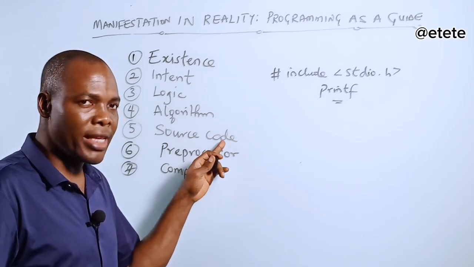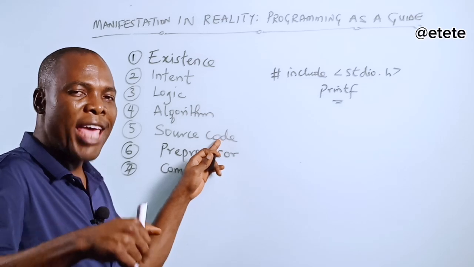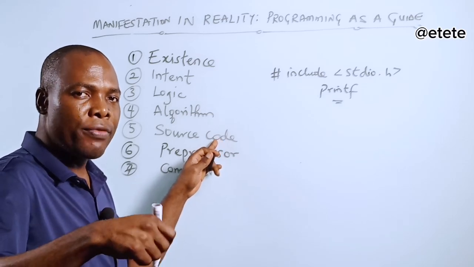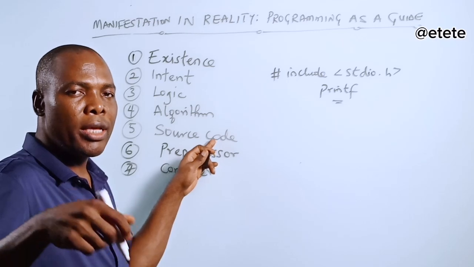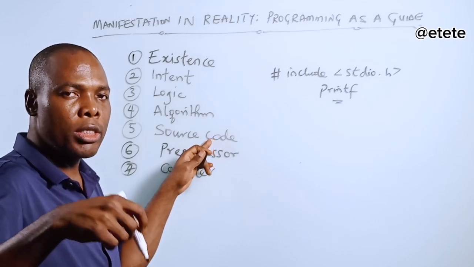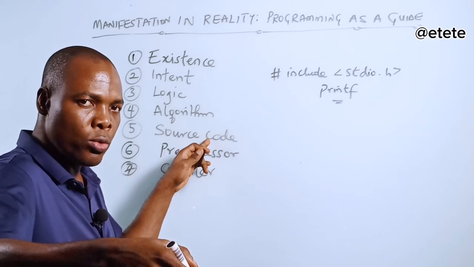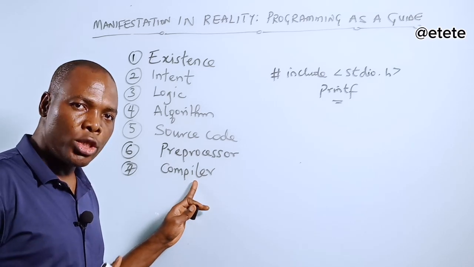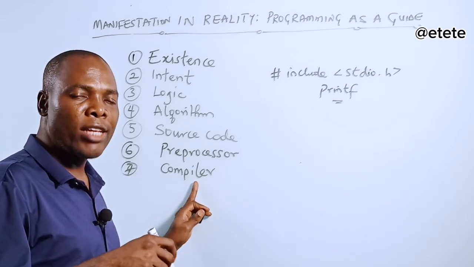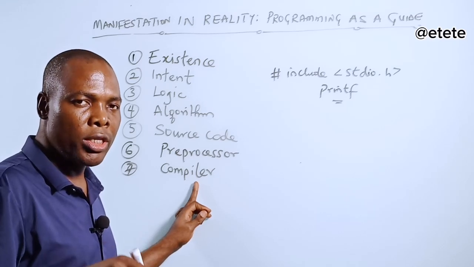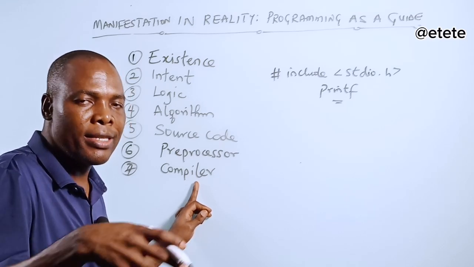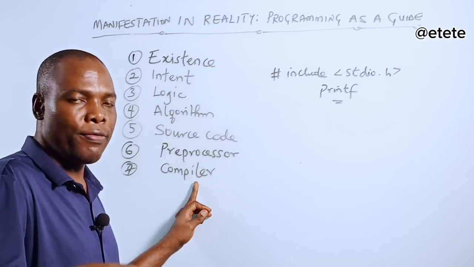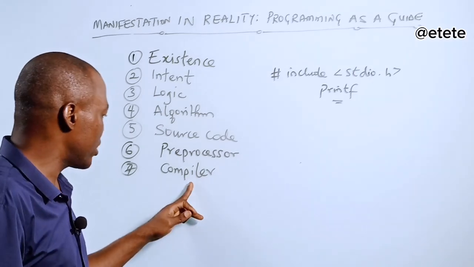So this is like saying, before you were born, I knew you, meaning I have written your source code using the language of the community in which you are going to be born into. So that is the source code. Now the compiler's job is to ensure that the source code that you have written using a programming language obeys the syntax of that language. So that is what this compiler does.